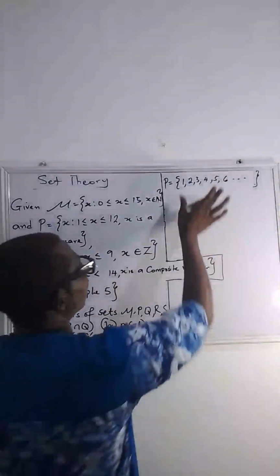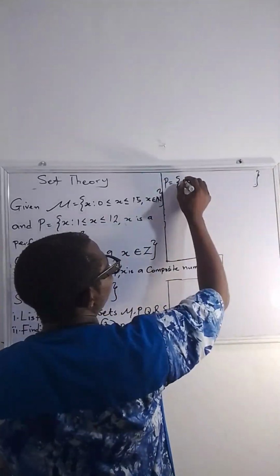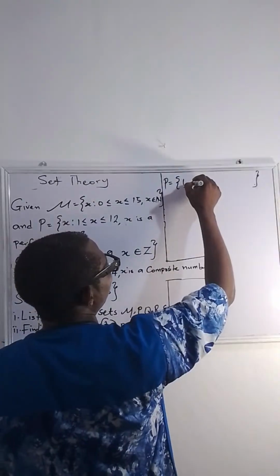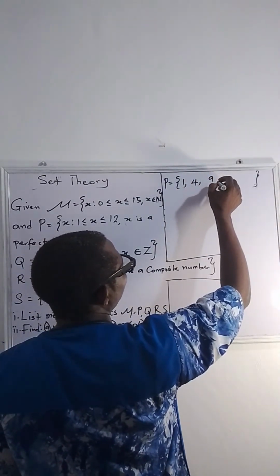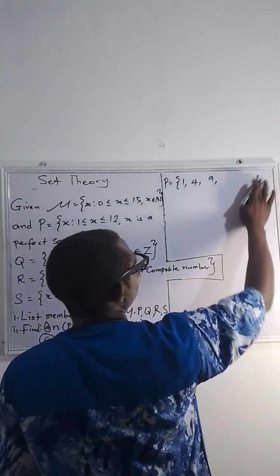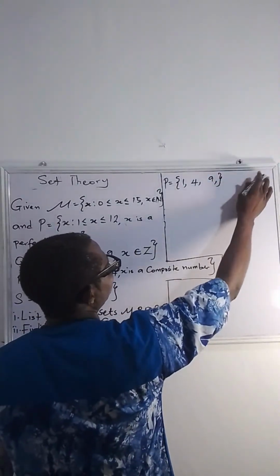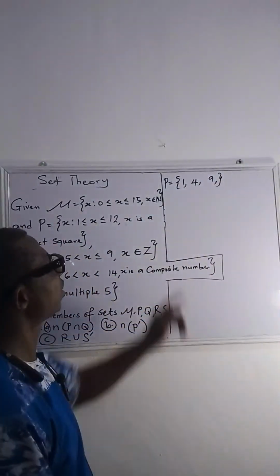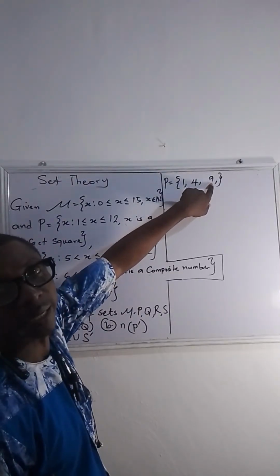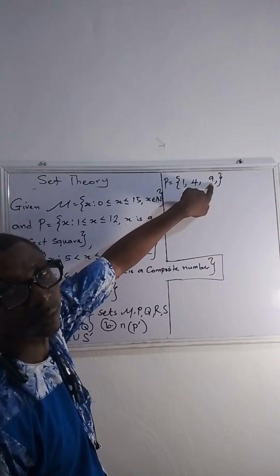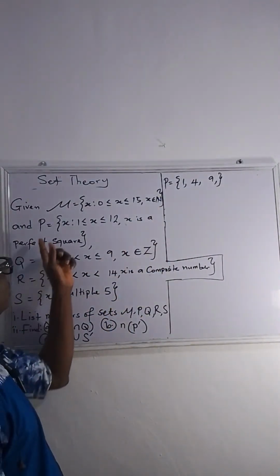The perfect squares are 1, followed by 4, followed by 9, followed by 16. But you can see 16 is not in the universal set. So P is the set of 1, 4, and 9. These are the perfect squares that lie within this range.